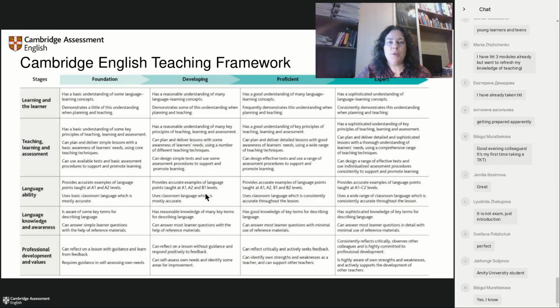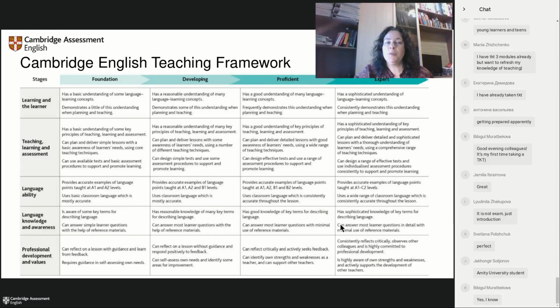And also, if we are talking about language awareness, it's your understanding of how to describe the language and how to clarify different aspects. So with a wider range of techniques, of course, you can use many, but without understanding, perhaps it'll be hard to convey meaning and teach learners effectively, right?